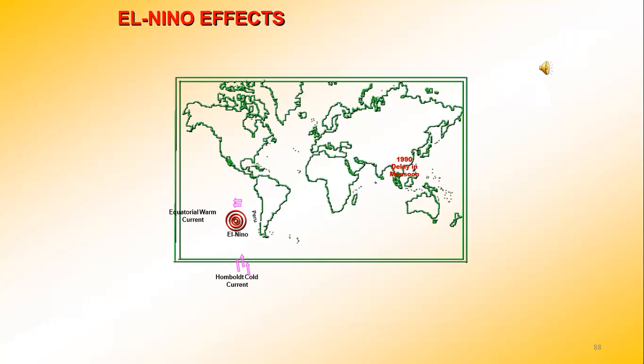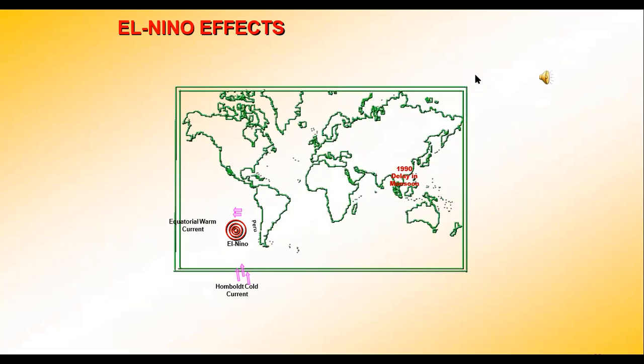Okay, so we have learned today the 5 facts that are important to understand the mechanism of monsoon. Number 1 was the differential heating and cooling of land and water, which creates low pressure areas and high pressure areas.